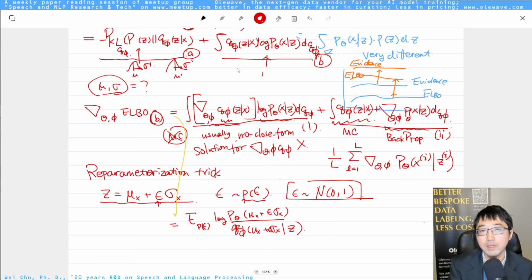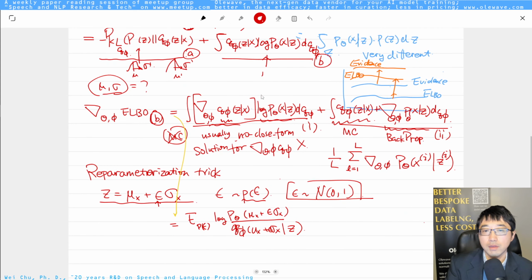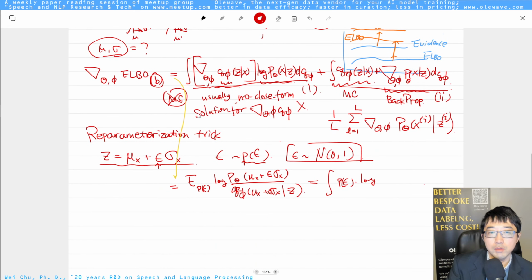So now the question is that, well, if you do this, let me write one more step. Let me write it here. Okay, this integral of p epsilon times log. Do I have it okay? I forgot one thing because you want, because it goes from the yellow one, right? I forgot to put the gradient nabla sign here, right?